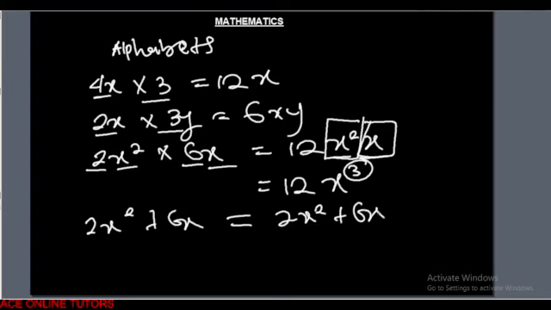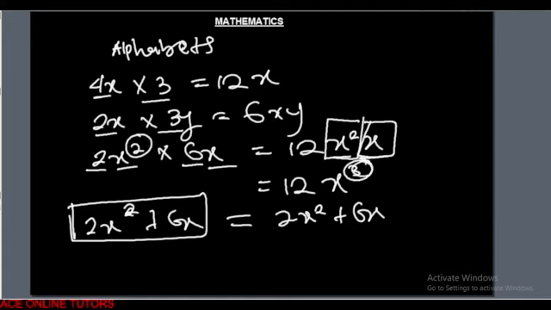So what we are trying to say is that whenever you are adding, the powers that you are having do not change. Mind you, those values at the top of the numbers are what you call powers. So this is a power because it's on top. So this is also a power because it's on top.